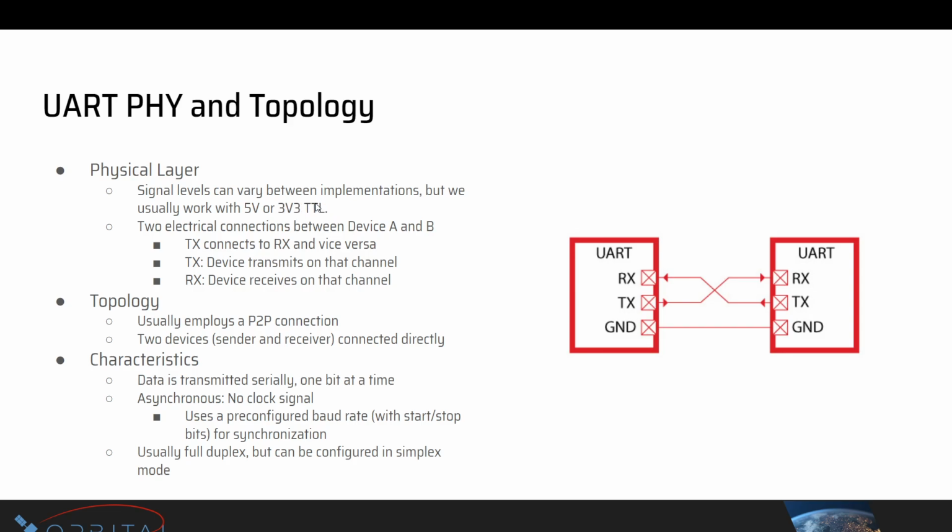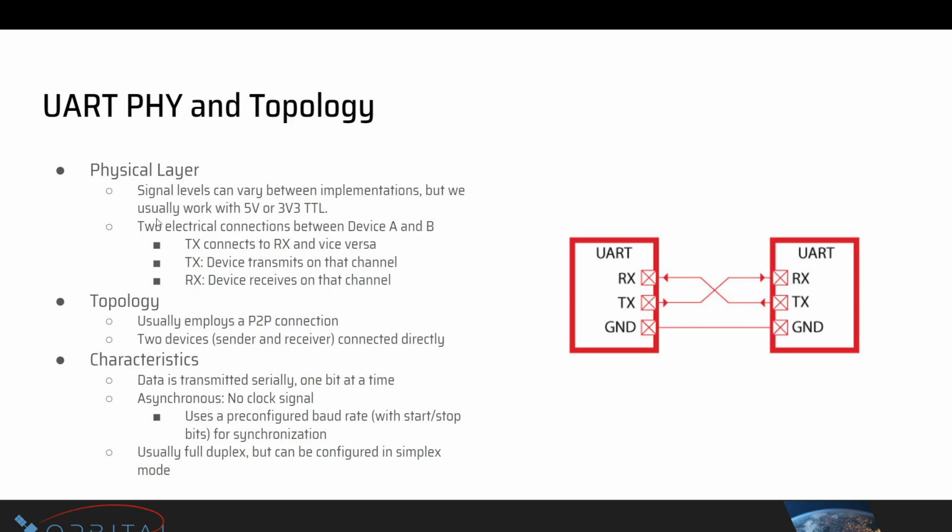So 5 volts is a one and 0 volts is a zero, or 3.3 volts is a one and 0 volts is a zero. With these there are thresholds. It's not like 3.29 volts doesn't count as a one. It will usually count down to 2.8 or 2.7 volts as a one, just to account for noise.